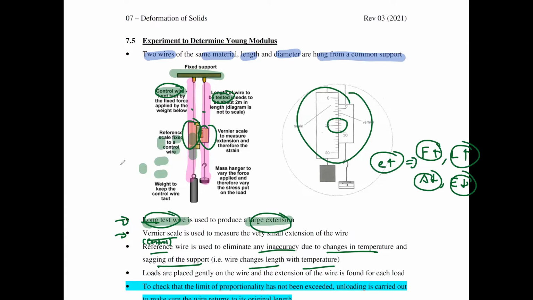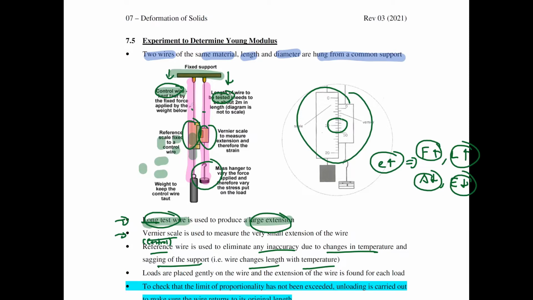Right now, what you want to do is measure the extension of the wire due to an applied load only. You do not want the extension of a wire due to temperature. So how do you take into account the changes in length due to temperature? You have another control wire right next to your test wire.